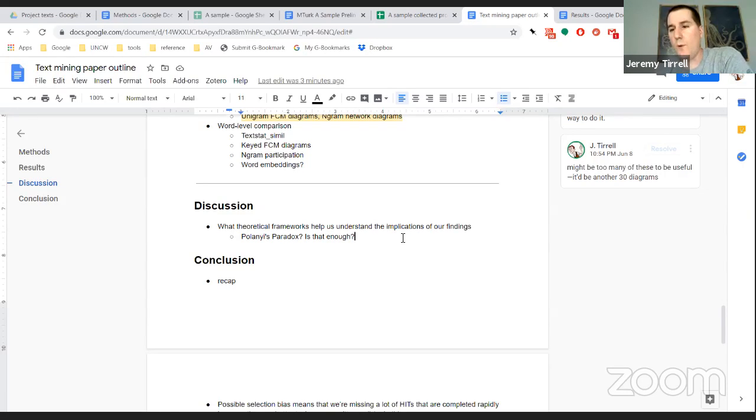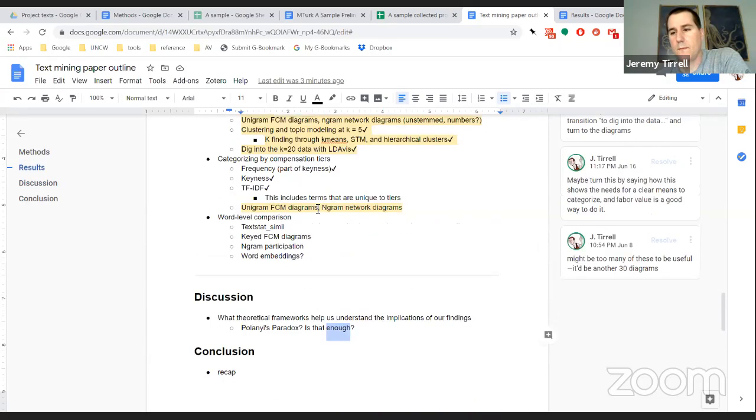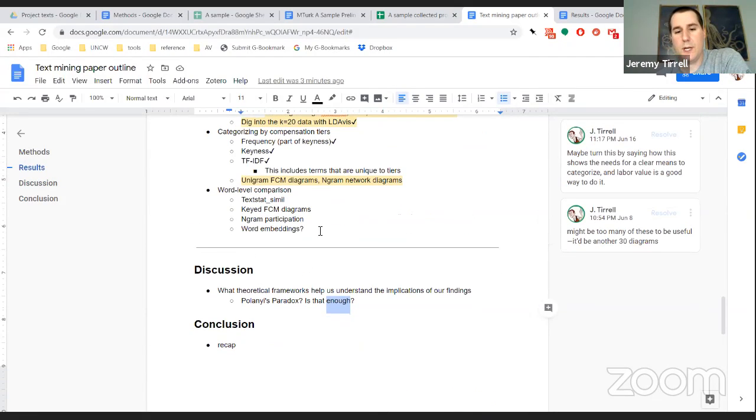The question is, what will our larger thing be, right? I'm not sure we necessarily know that just yet. But something we'll engage is, what theoretical framework will help us, as I wrote here, understand the implications of our findings, right? So here's the things we found.